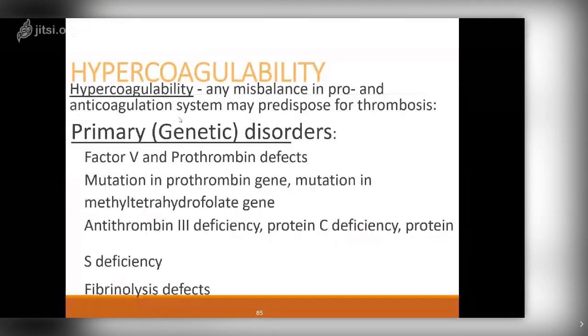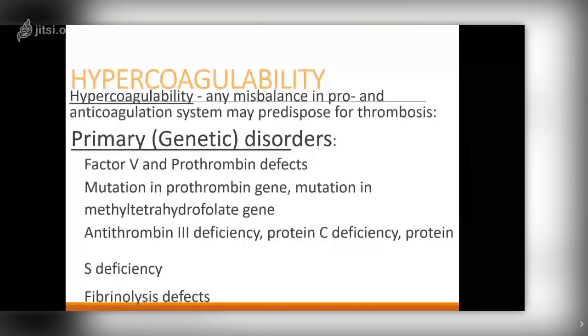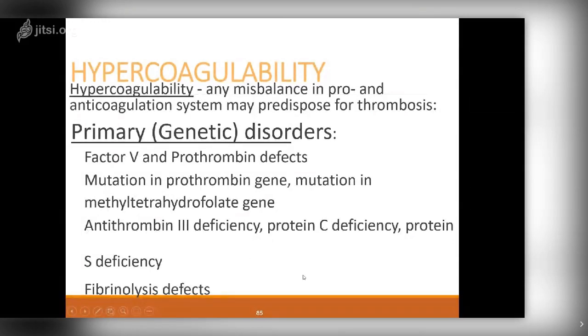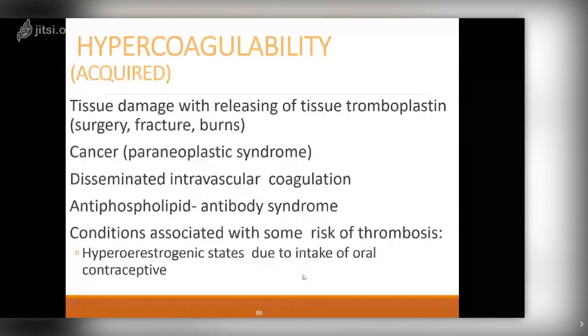Also, hypercoagulability. It is a misbalance in the pro- and anticoagulation system that may predispose to thrombosis. There is a vast majority, a lot of primary or genetic disorders, when there is a mutation in the gene coding pro-thrombogenic or anti-thrombogenic proteins, and also hypercoagulability may be acquired.